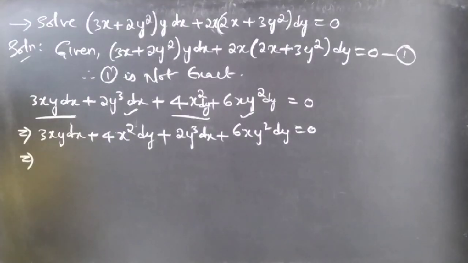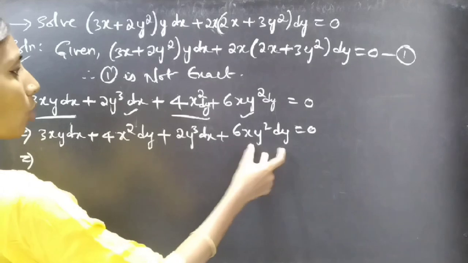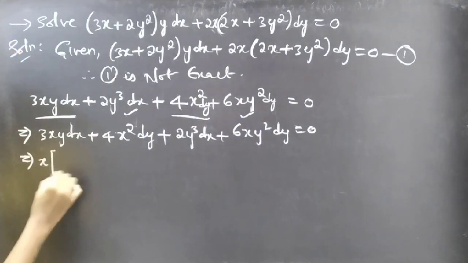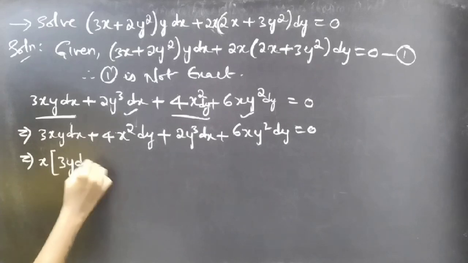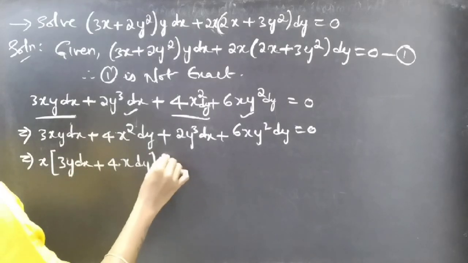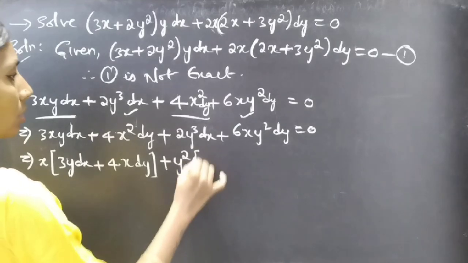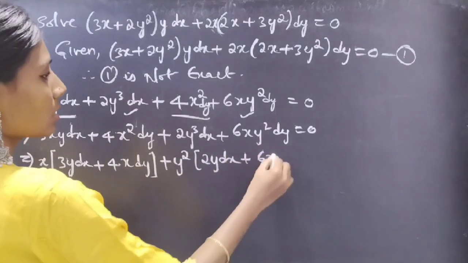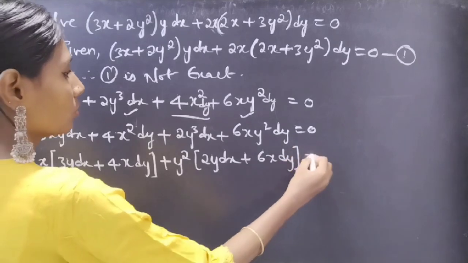So now I'm going to take x common from the first two terms and y square common from these two terms. Okay, then I'll get x times (3y dx plus 4x dy) plus y square times (2y dx plus 6x dy) equal to 0.